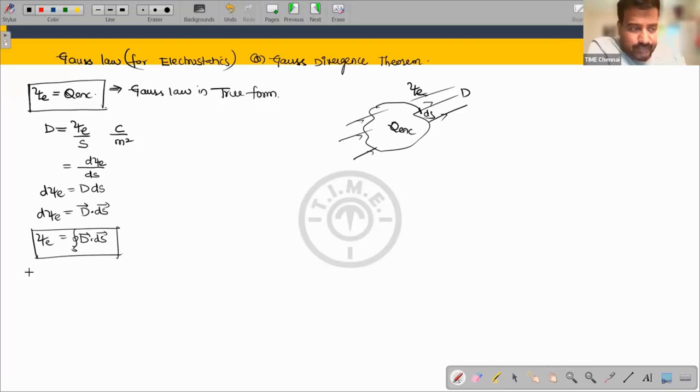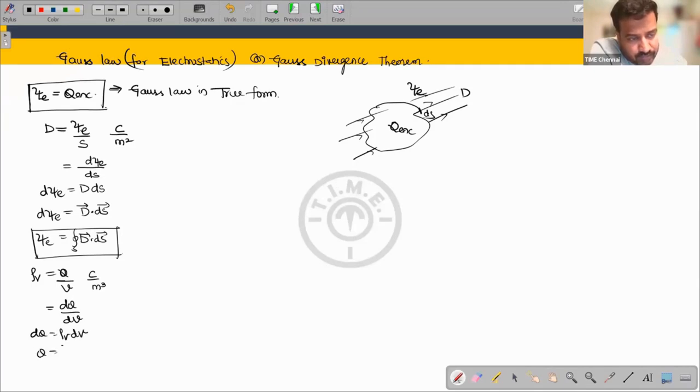On the other hand, charge is related to charge density as volume charge density is defined as charge per unit volume, coulomb per meter cube. If I consider a small charge dq in a volume dv, that is given by dq by dv. From this, dq is rho v dv.